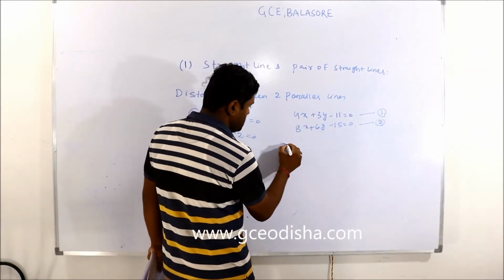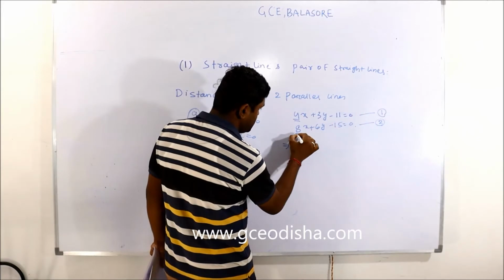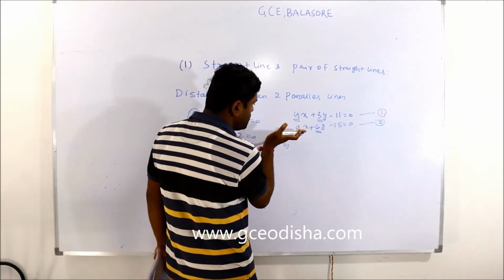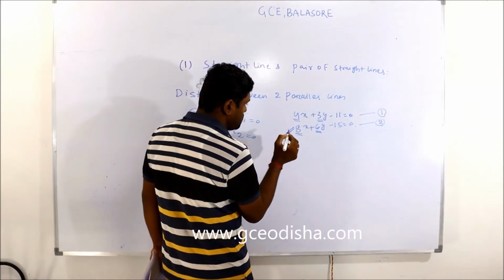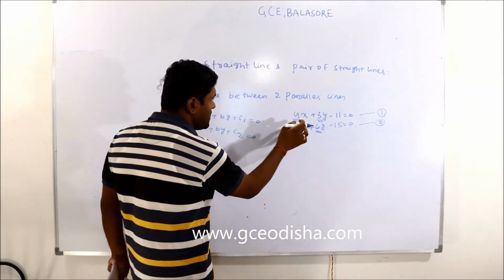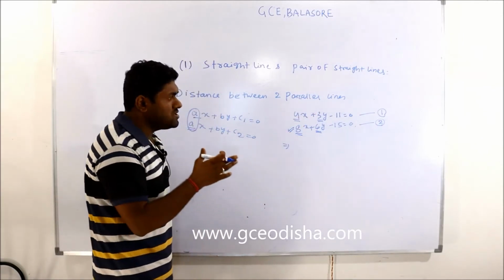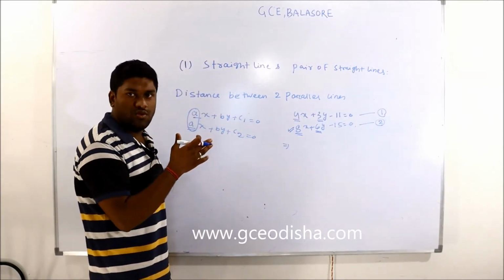How can we do that? This is 4, this is 8, and this is 3, this is 6. When we divide the second equation by 2, the coefficients of x and y in both parallel lines will remain the same.